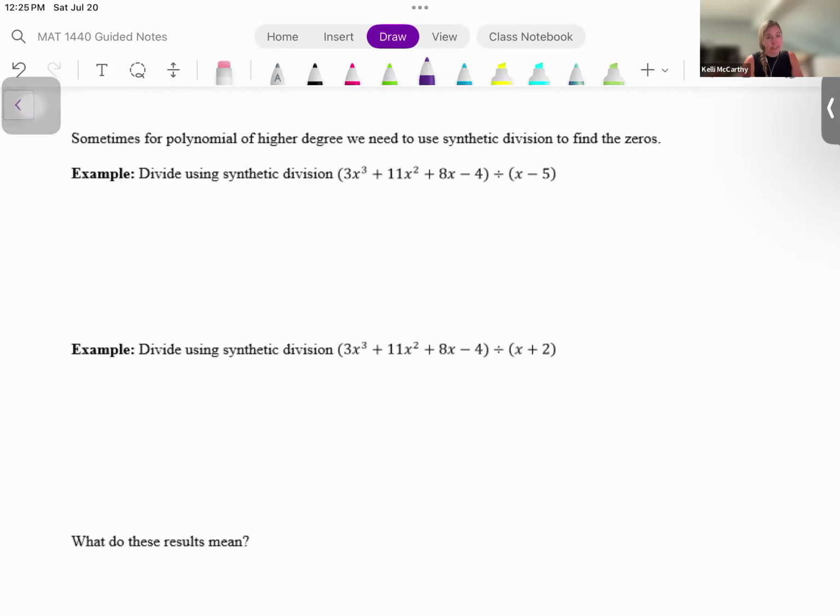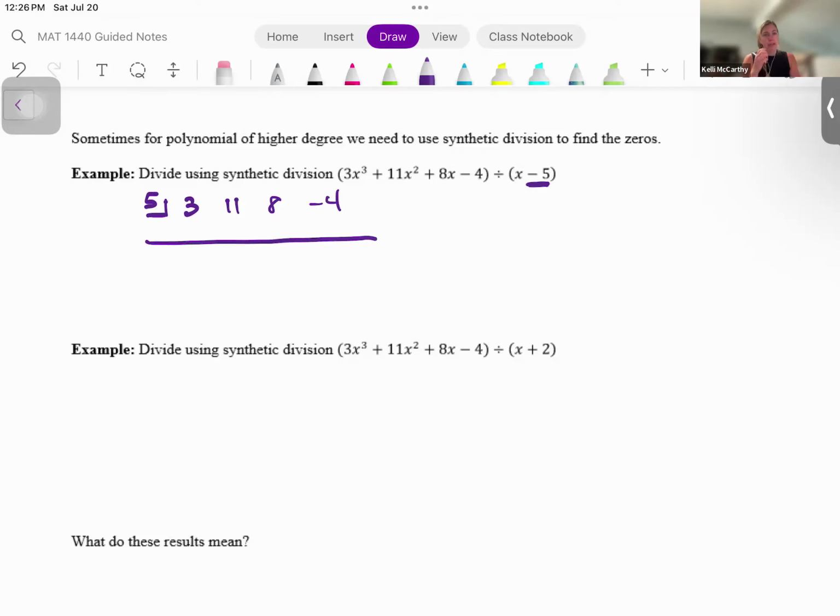We cannot use synthetic division if it's a quadratic divisor at all. So to set up synthetic division, we've got the value of our c, which is actually going to be the opposite of negative 5, so it's going to be positive 5. And then we set up our coefficients, so 3, 11, 8, negative 4.